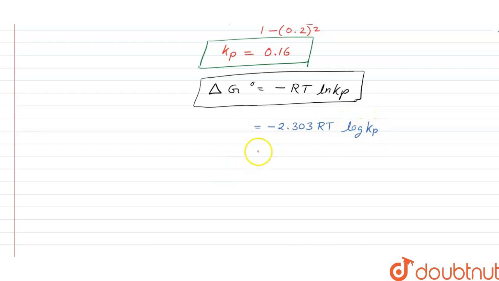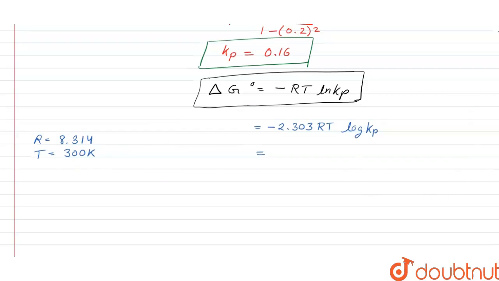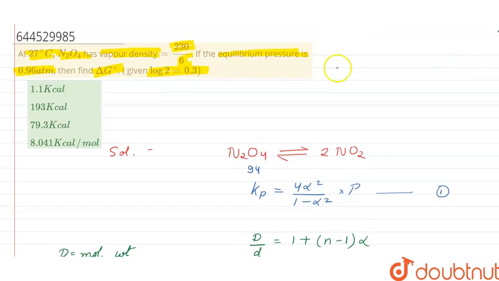Now put the values in this expression. R is the gas constant having the value 8.314. The temperature is given in our question, and we can put it in Kelvin as 300 Kelvin, as it is given to be 27 degrees centigrade.